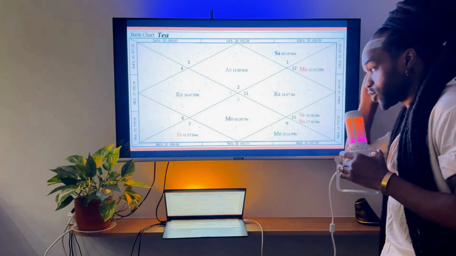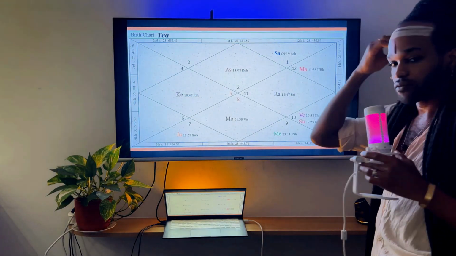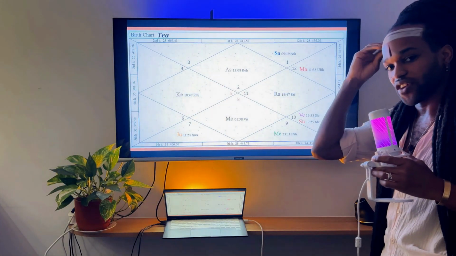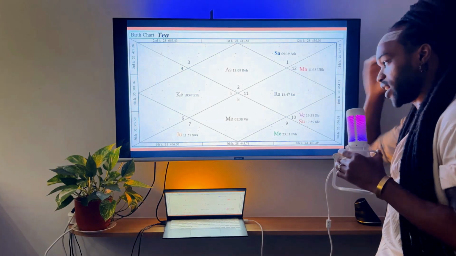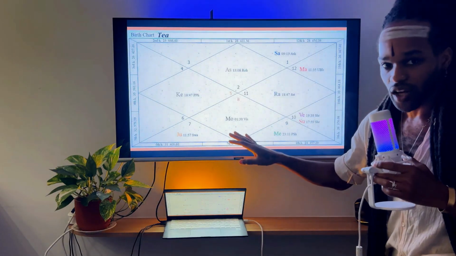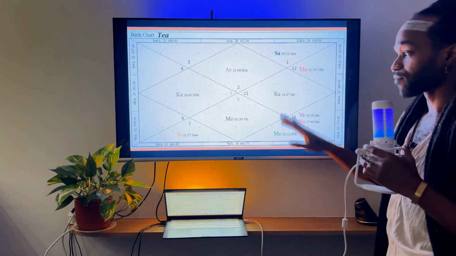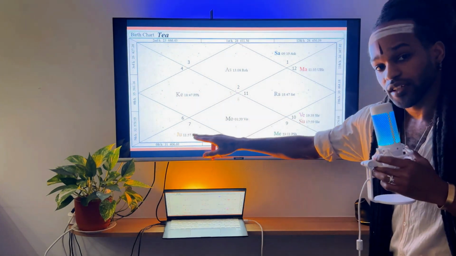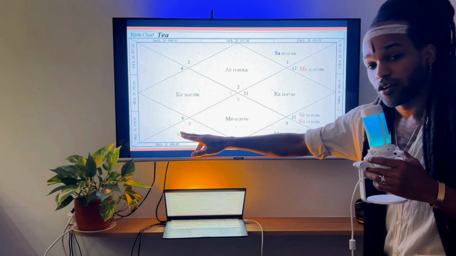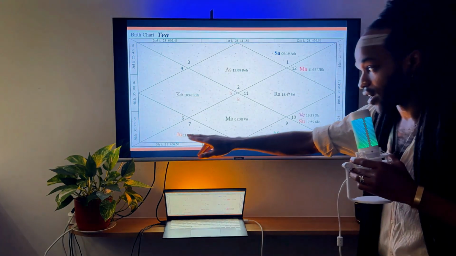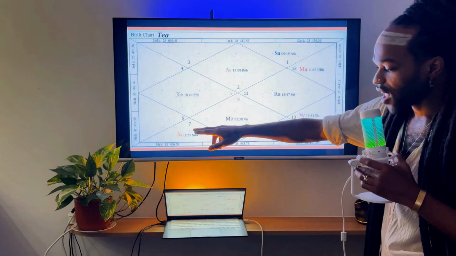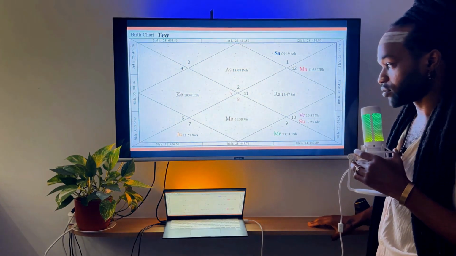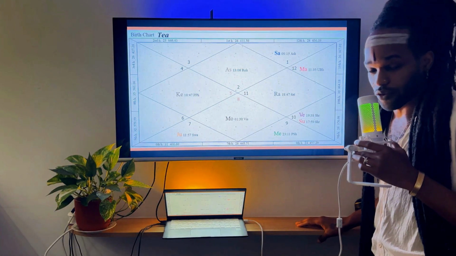Okay, we're just looking at surface level stuff here because I'm not reading anyone's specific chart at the moment. I'm going over in general how to tell the kind of partner you want versus the kind you tend to get. So their Libra is here. Okay, they want someone who's a bit more on the organized end. Organized. And when I say organized, I mean kind of like a person who they can have a routine together with.